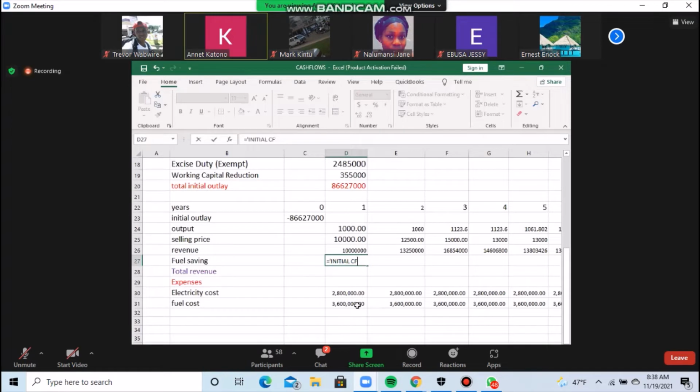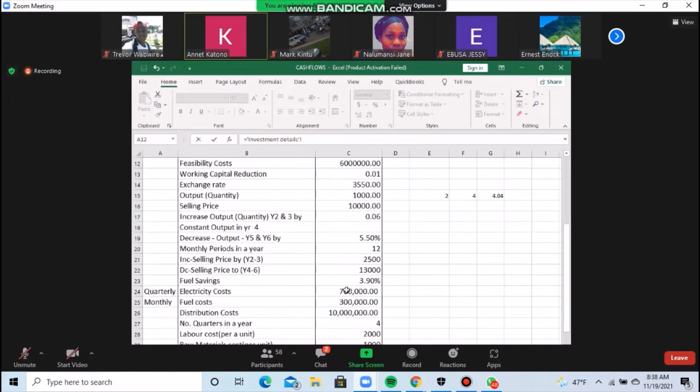The saving is going to be 3.9%. It is what they've given us. And that's what I'm trying to do. So equal sign, get your percentage for the saving, 3.9.